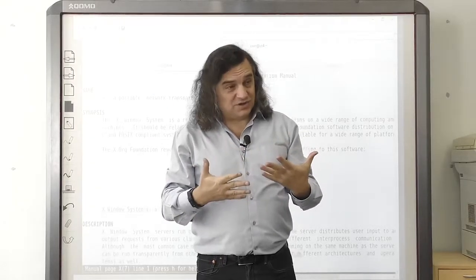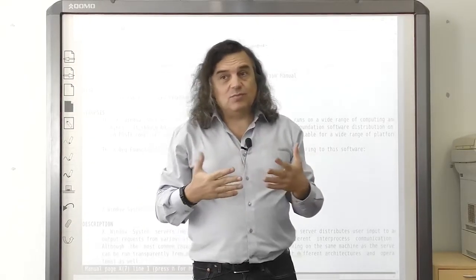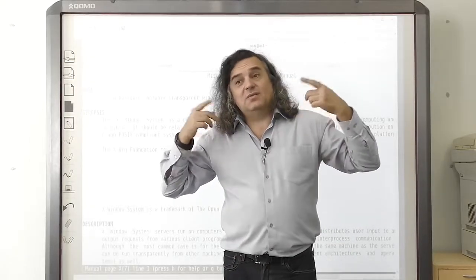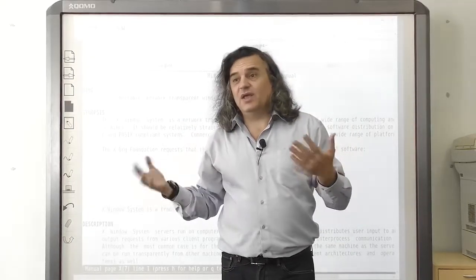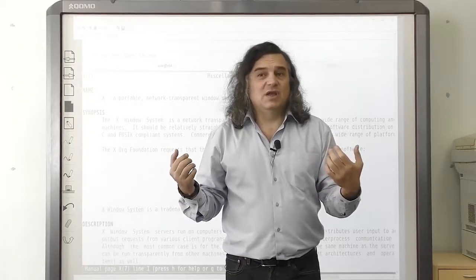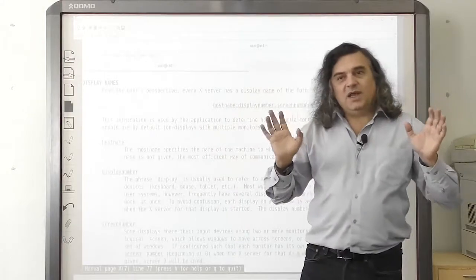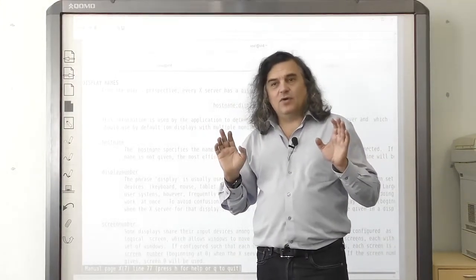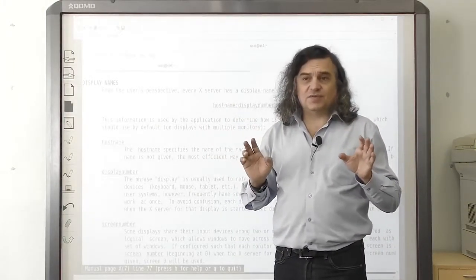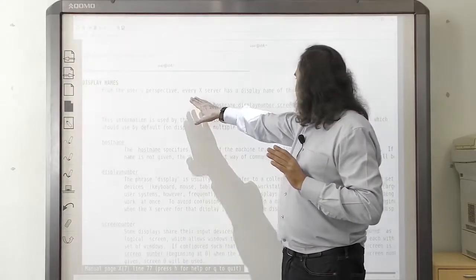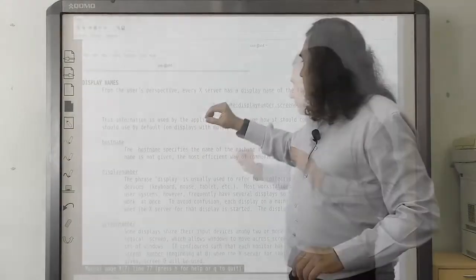The main principle of X Window is to provide mechanism rather than policy. In particular, it places user interface policy in the client's hands. And the main locator for the X server is the DISPLAY environment variable.